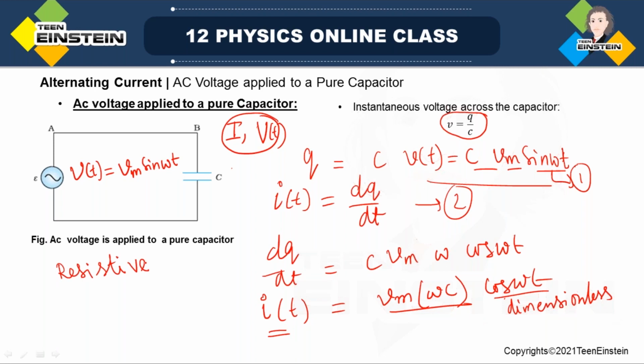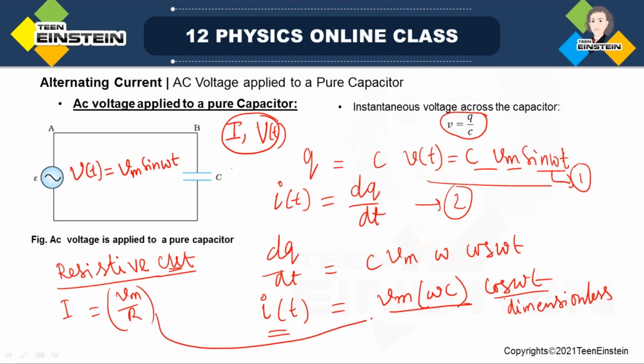If I compare this current voltage equation with the resistive circuit (CKT), we know that for a resistive circuit the current is equal to the amplitude of the voltage divided by R, where R is the resistance in the circuit.